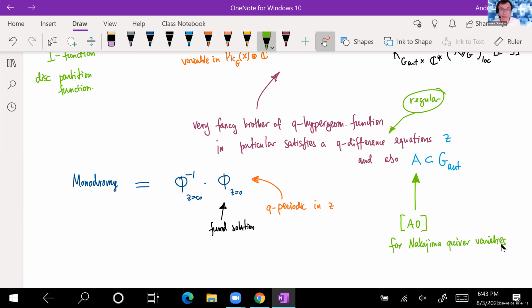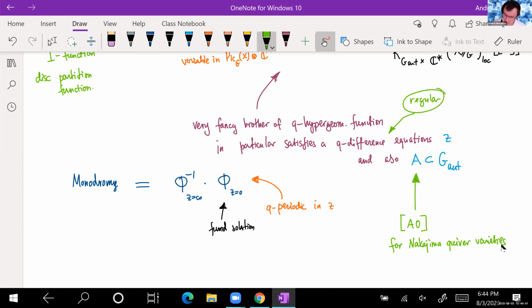And the answer there is the R matrix: you vary A, you change the role of attracting and repelling directions, and so you compare stable envelopes. You take a stable envelope with some correspondence, with one choice of attracting directions, and with another, you take the ratio, and that is the monodromy.